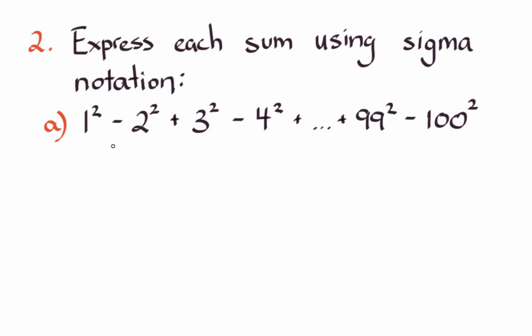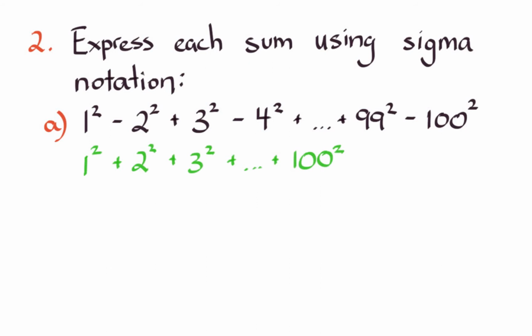However, we should also notice that the sign flips from a positive term to a negative second term, and then back to positive, and so on. So we'll deal with that in a minute, but if we were just to focus on this series as if it were all positive, what would that look like?